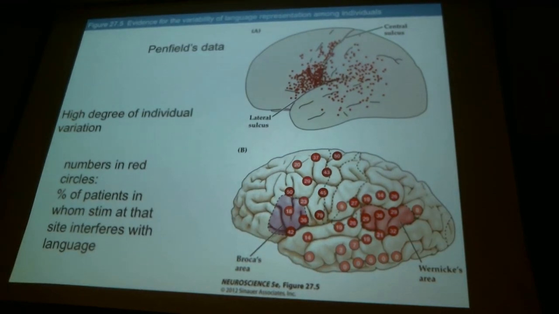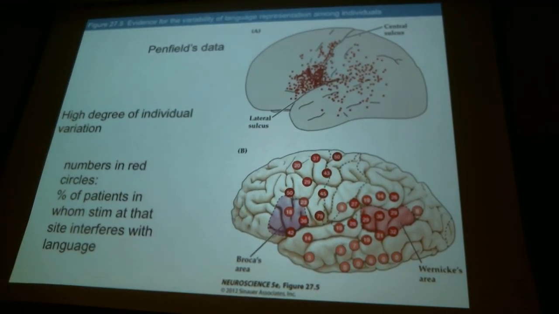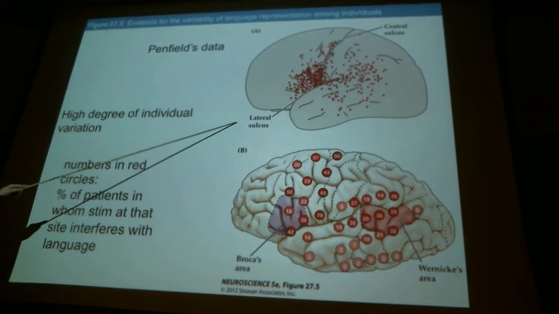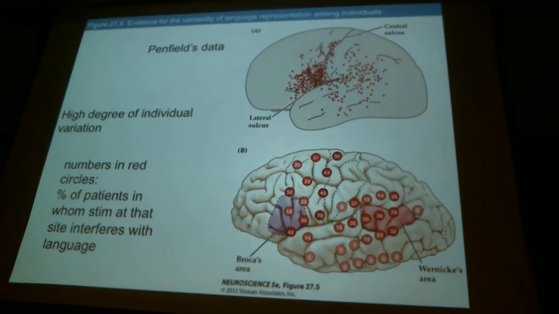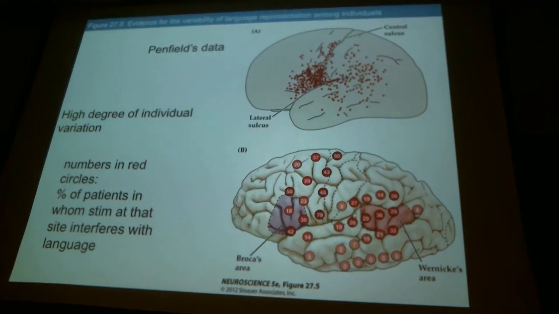So if you stimulate in different sites, this is from one example, all of those different sites will disrupt language to some degree. So you have a patient with their cranium open and their brain exposed, and you do stimulation, and you're asking them to count to 10 or count to 100. You can disrupt speech in all of these different sites.